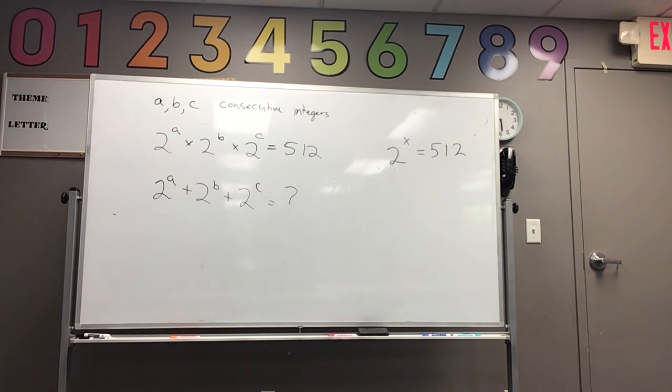What does it take to get to 512? I don't have a calculator, so I'm waiting on you to tell me. Nine. 2 to the 9. I knew it was somewhere in there.